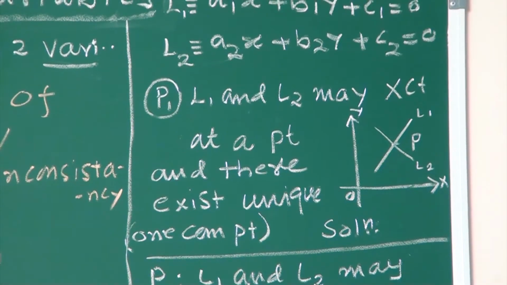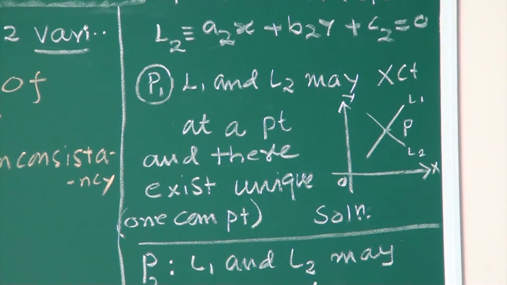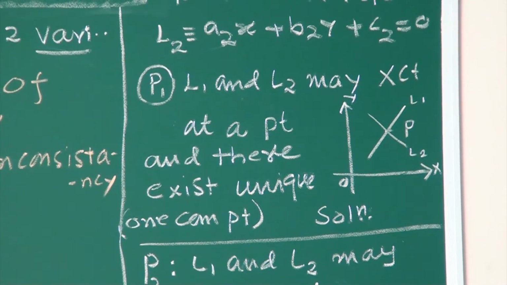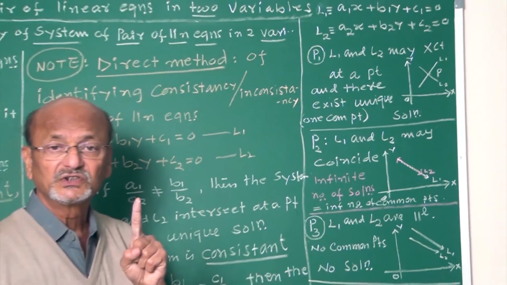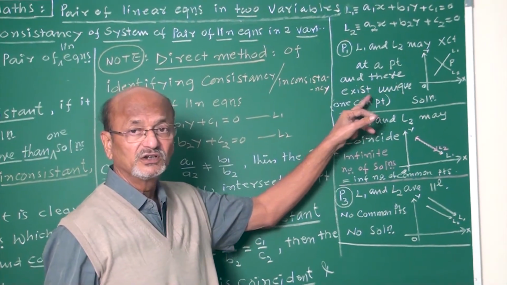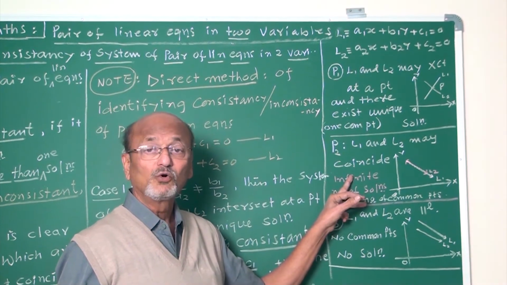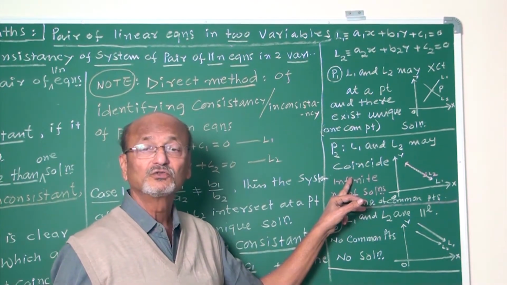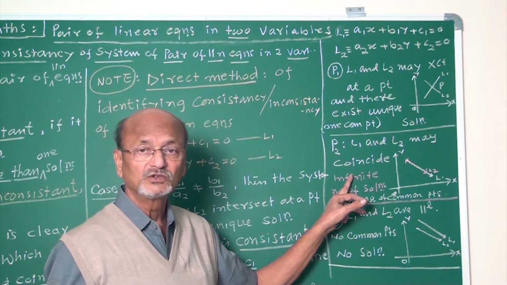We identified this because, by the definition, if a solution exists, then that system of equations is said to be consistent. Solution exists, system is consistent. One unique solution, intersecting type, consistent. Coincident, solution exists, but infinitely many, meaning more than one solution.